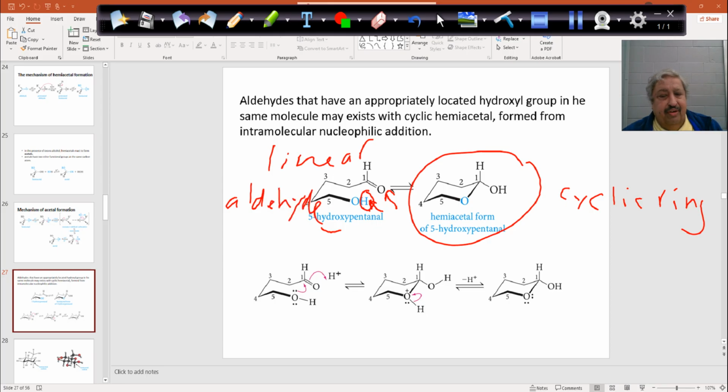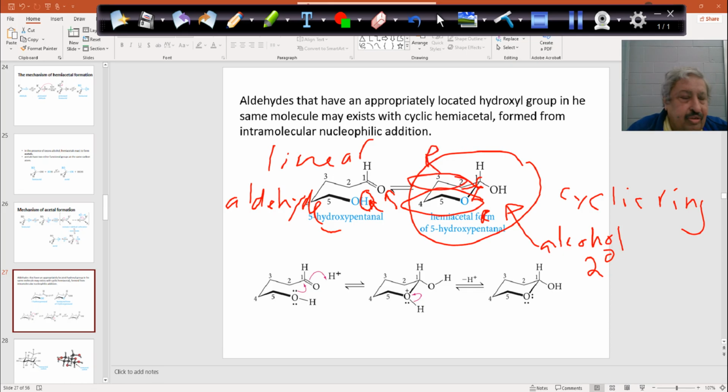So when you have this type of reaction, you make out of this aldehyde an alcohol, correct? So you make an alcohol. This alcohol will be a secondary alcohol, not primary, because it's connected to two groups. This is a group here, R, and this is R. So this is a secondary alcohol.